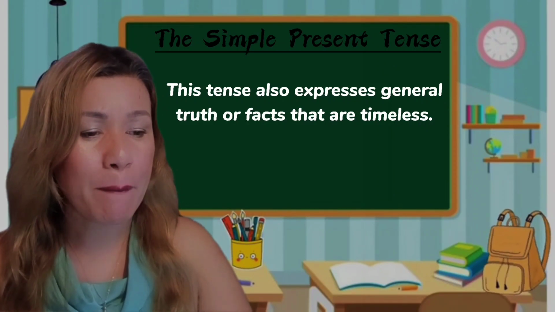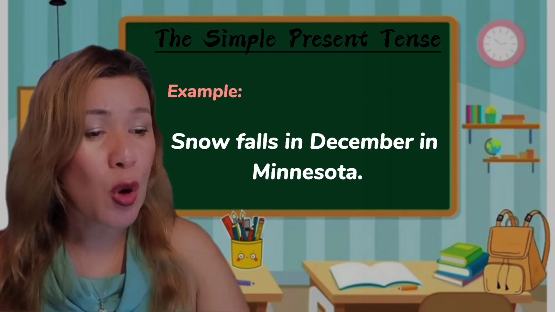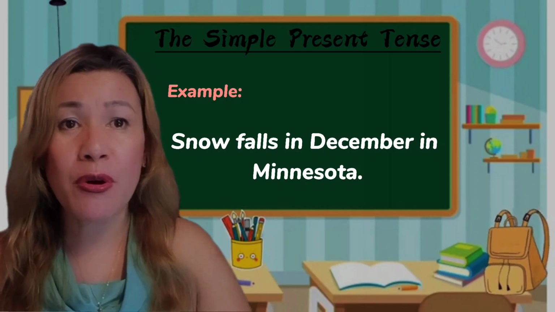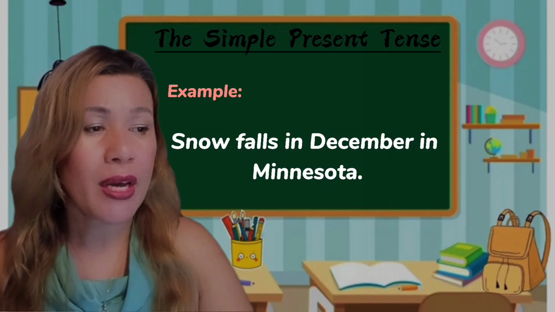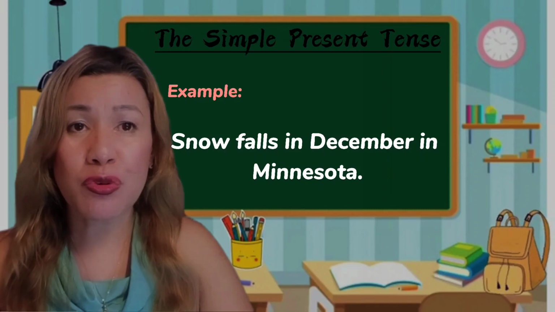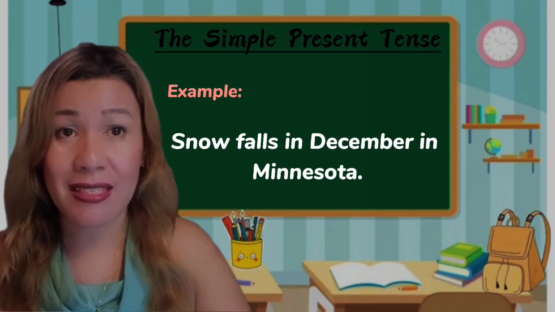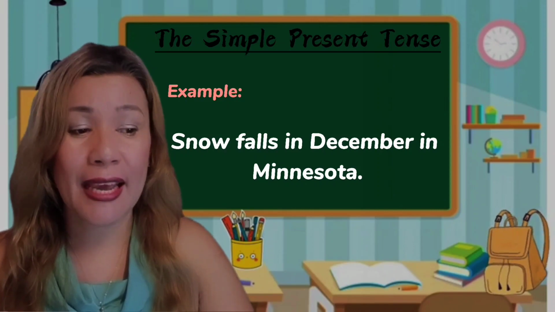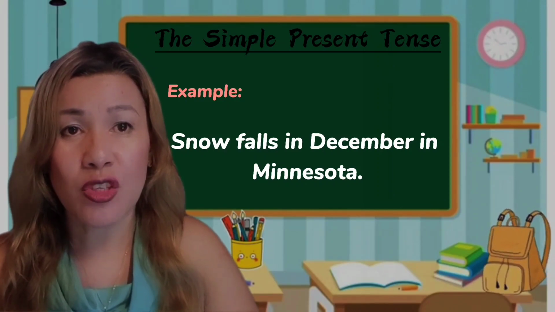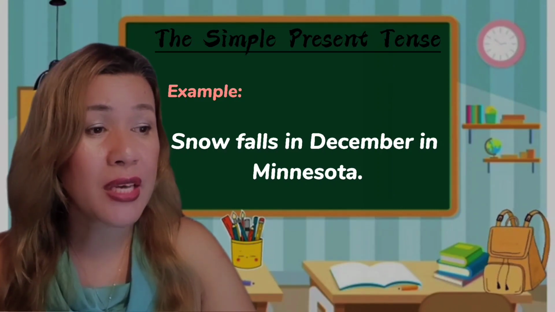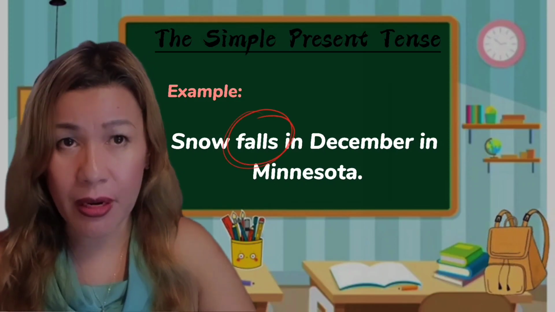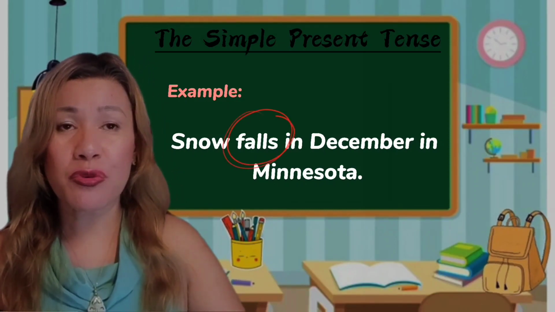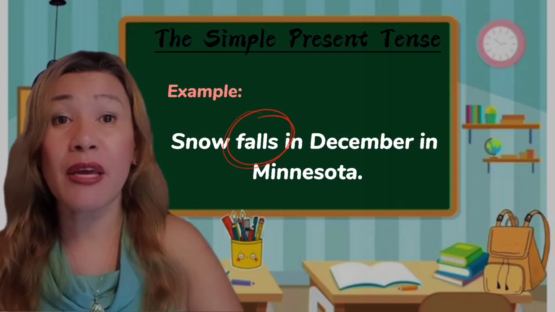So for example, you say, snow falls in December in Minnesota. It's a general truth, or it is a fact that in December, snow falls in Minnesota. So you are using the simple present tense there because it's a general truth or a given fact.